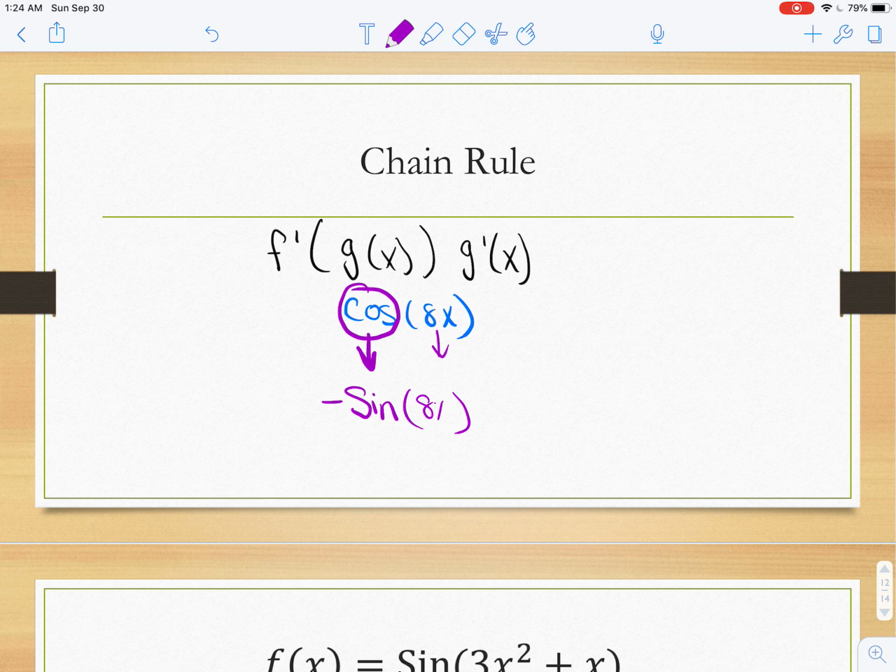So here's another example. We have the derivative of sine. The derivative of sine is not negative cos, it's positive cos.